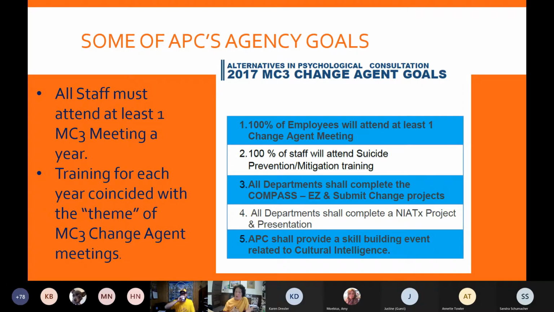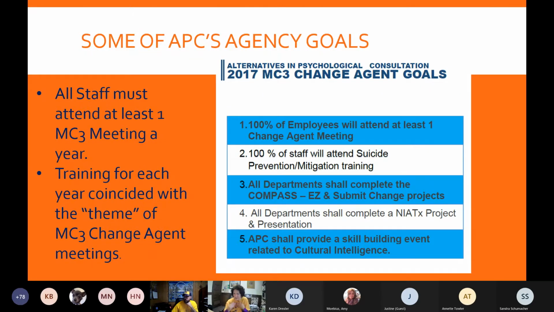APC shall provide a skill building event. One of my favorite events was, as Amy shared, we always kind of have a theme for the change agent meetings. And so we try and have a theme also at APC.